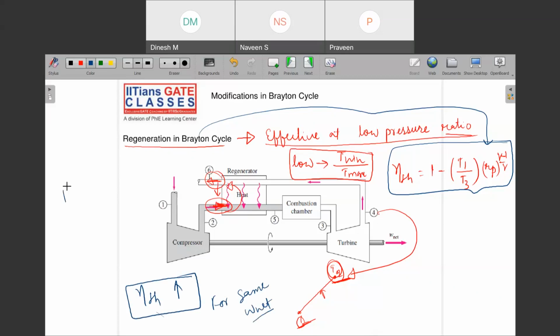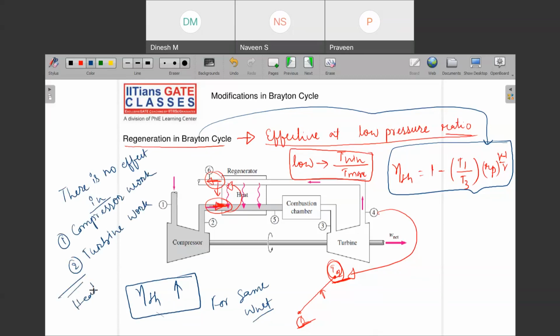Because there is no effect in compressor work and in turbine work. These two are unchanged, but the only change is that the heat supply has decreased.